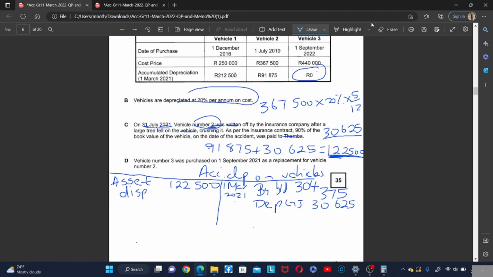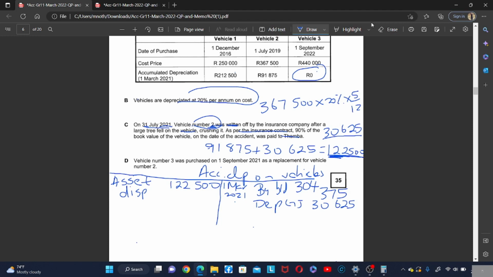Then they said, as per the insurance contract, 90% of the book value of the vehicle on the date of the accident was paid to Temba. So let's calculate the book value. The book value is the same thing as the carrying value.